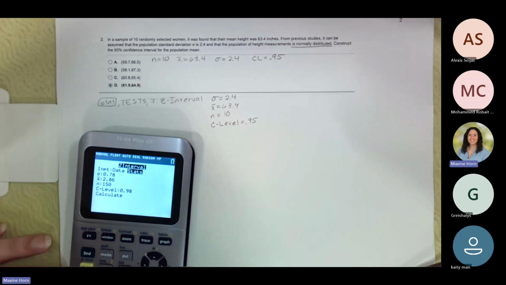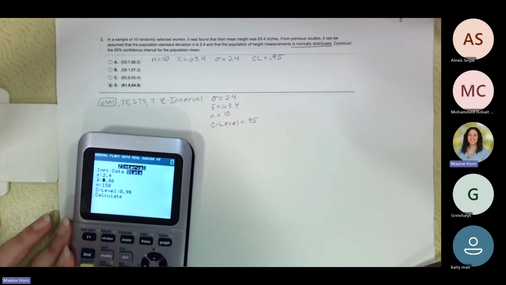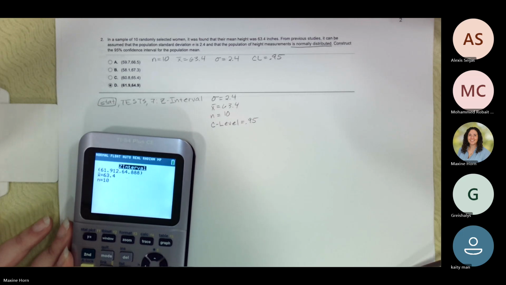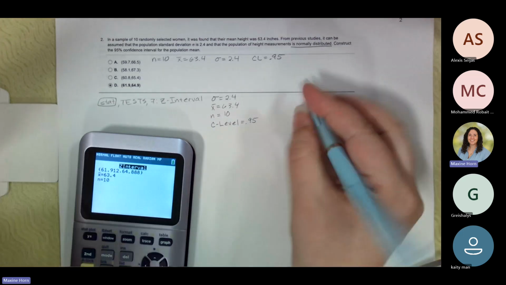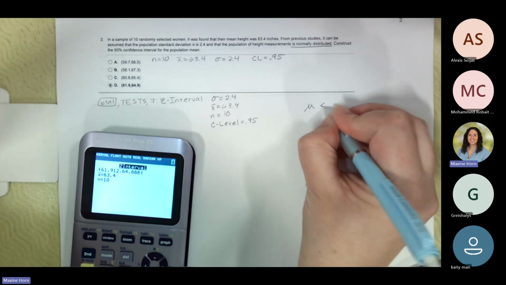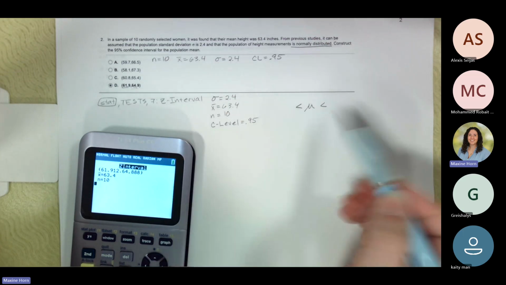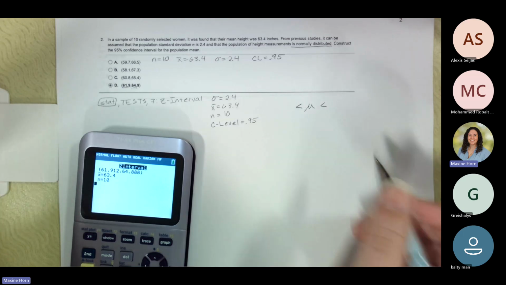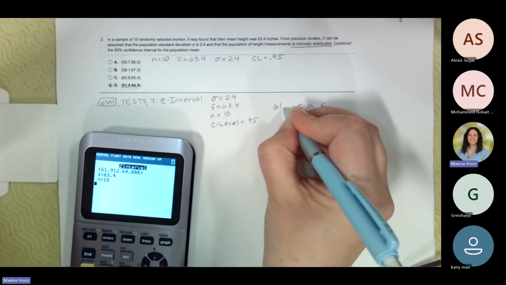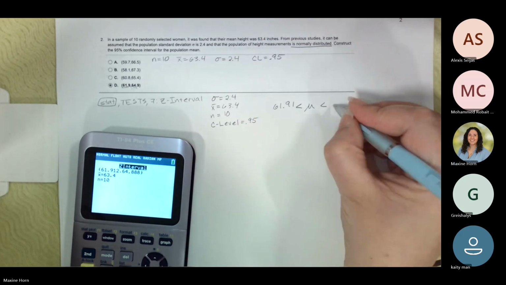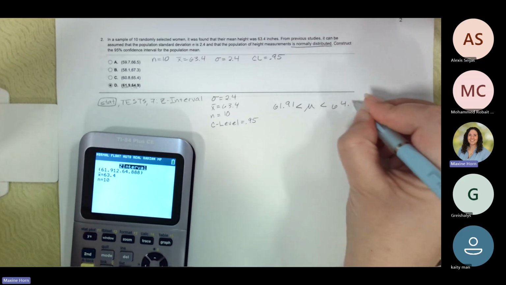Okay, so let's plug and chug. Well, really, the calculator is doing the chugging. And there we go. Again, if I wanted to write it nice and pretty, it's just saying, hey, here's the lower end, here's the higher end. But again, I always like to write it like this: 61.91, 64.89.